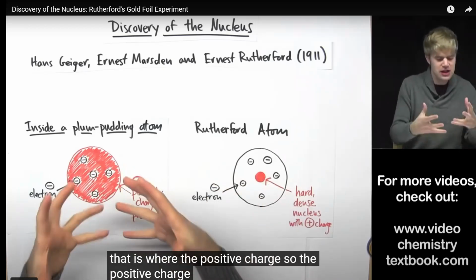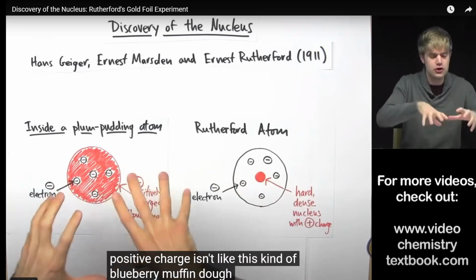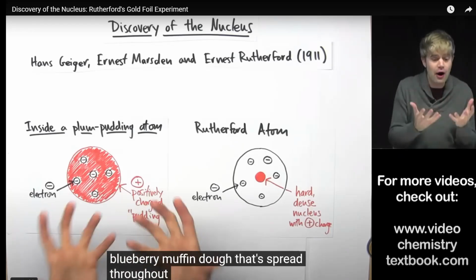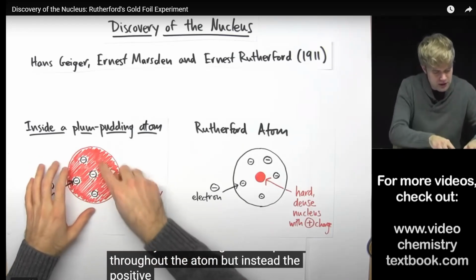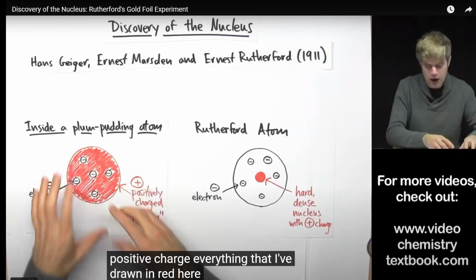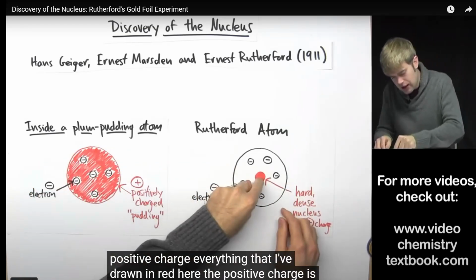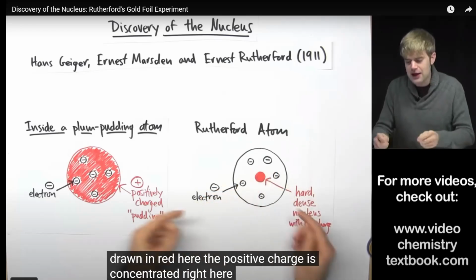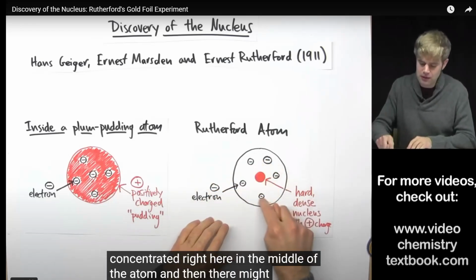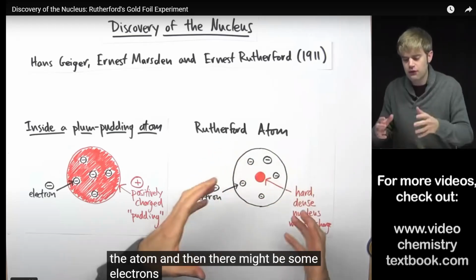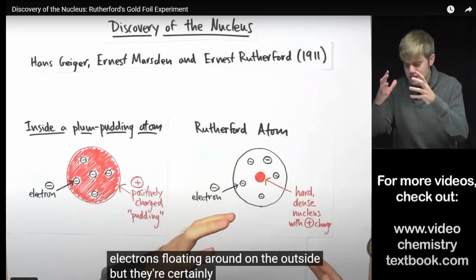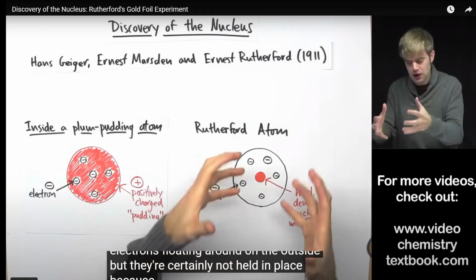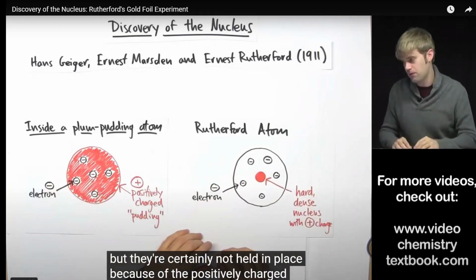So the positive charge isn't like this kind of blueberry muffin dough that's spread throughout the atom, but instead the positive charge, everything that I've drawn in red here, is concentrated right here in the middle of the atom, and then there might be some electrons floating around on the outside, but they're certainly not held in place because of the positively charged dough.